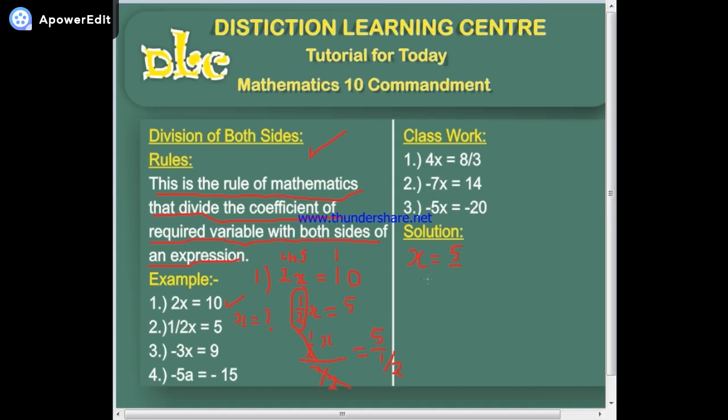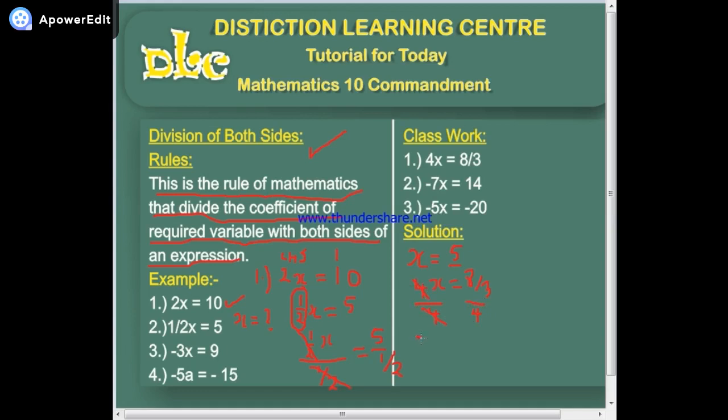Let me solve it. Now, question 1. That is 4x equal to 8 divided by 3. So what are you going to do here? You divide both sides by what? By 4. You divide both sides by 4. So once you divide both sides by 4, that means 4 will cancel 4.